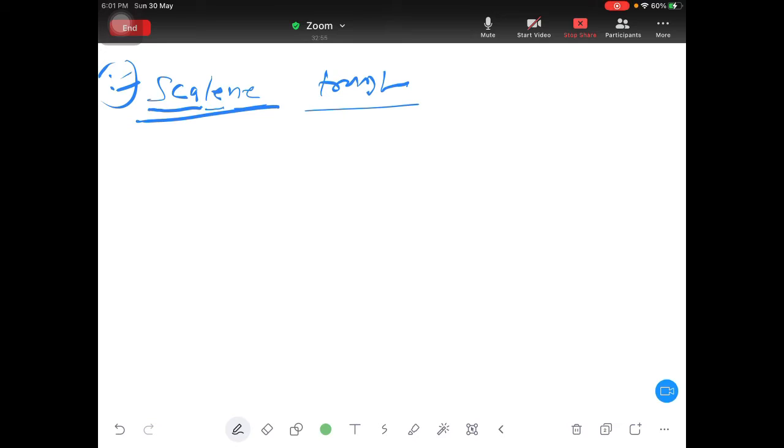In a scalene triangle, any two sides will not be the same. You can say all sides are different. Simply, all sides are different. Like, if this is 3, this should be 4, but this should be neither 3 nor 4. I mean something else.